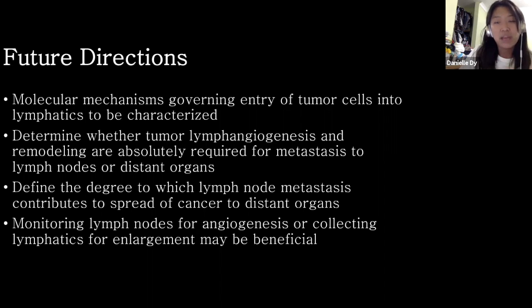But now that there's a growing body of evidence that suggests that the lymphatic system does play an important role, it introduces the idea of, why don't we start screening lymph nodes for some of those similar things? So that concludes my presentation.